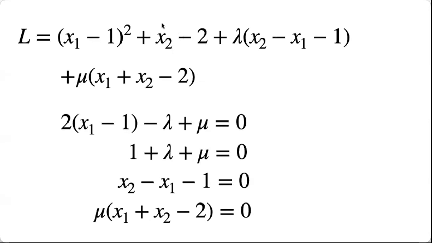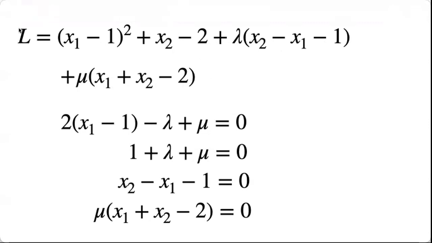The objective function plus lambda times the equality constraint, and plus mu, which is the KKT multiplier, times x1 plus x2 minus 2.